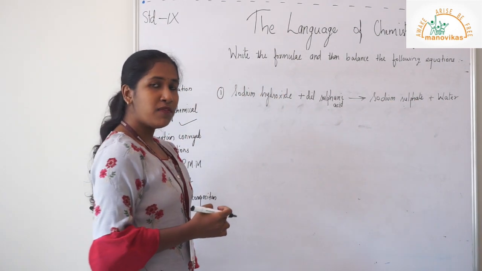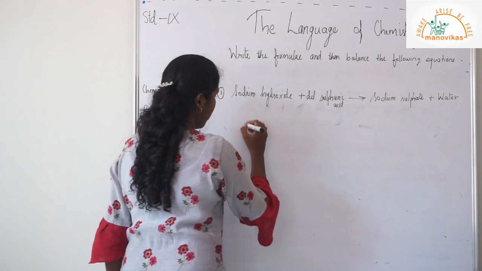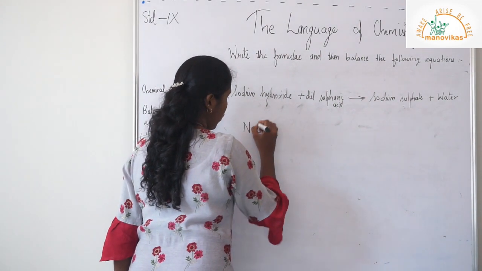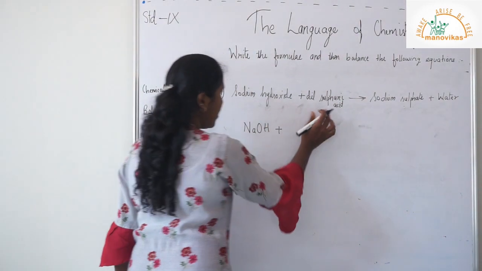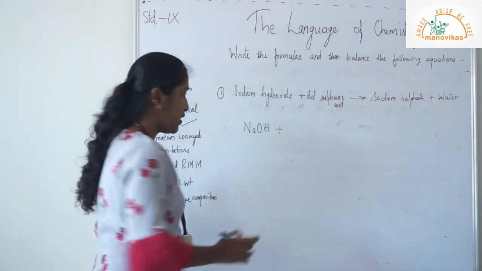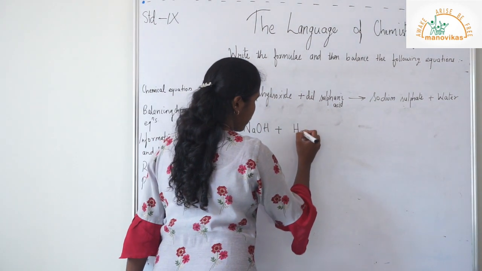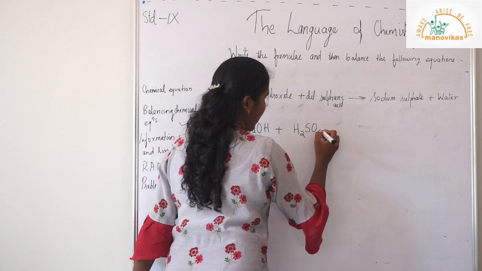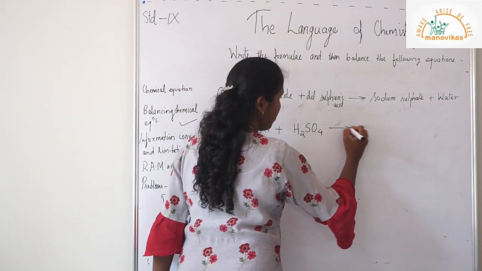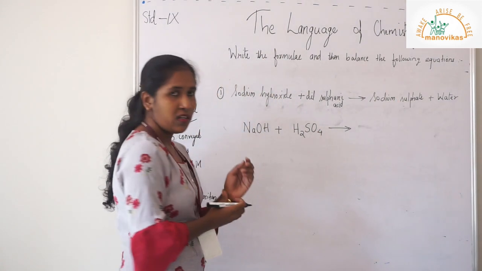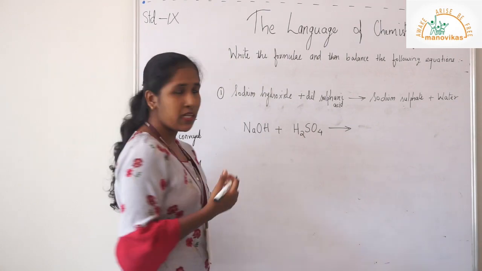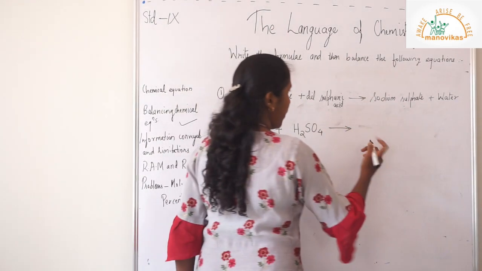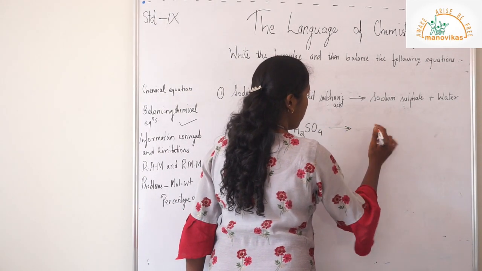Now what is the formula of sodium hydroxide? It is NaOH plus dilute sulfuric acid. It is H2SO4, which gives sodium sulfate. Now with the crisscross method, you will be able to find the formula.